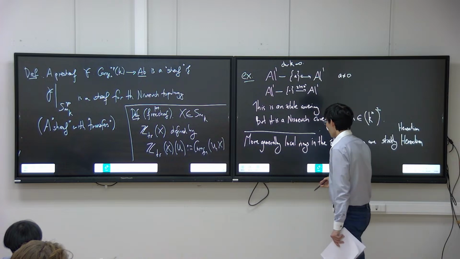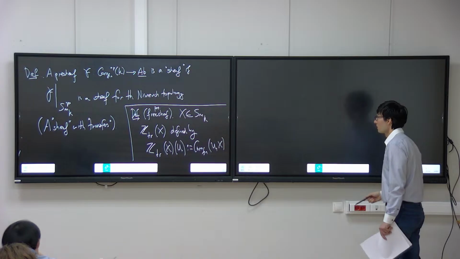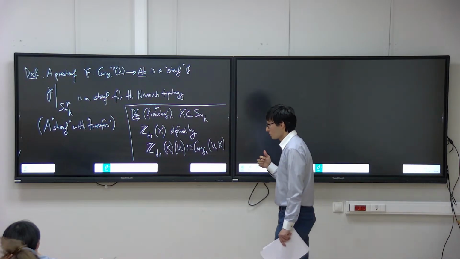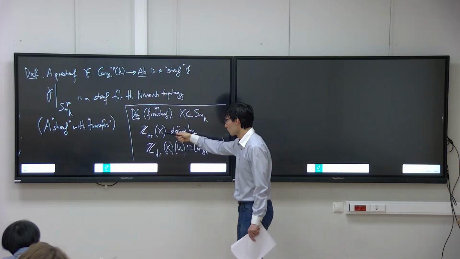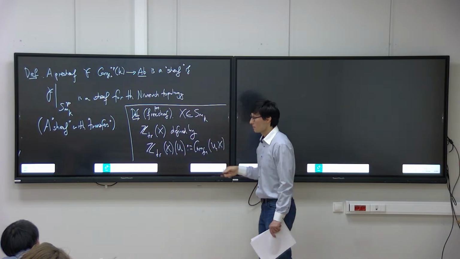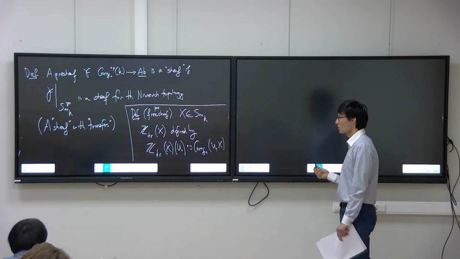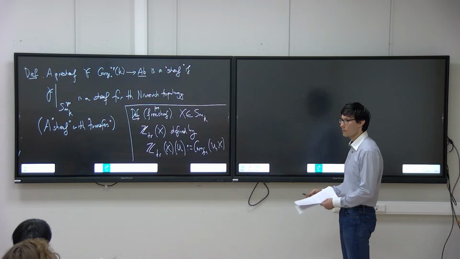Okay, so whenever you start defining the sheaf associated to your underlying geometrical objects, or sorry, the presheaf object, you want to check whether it's a sheaf or not. Such a notion is called a subcanonical site.